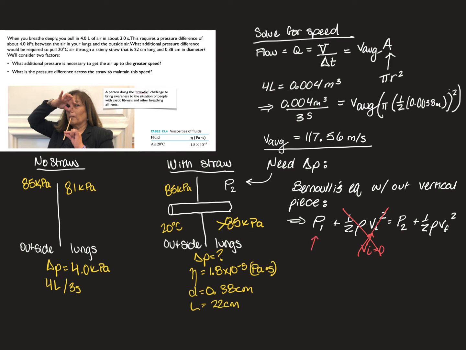P1 is the pressure outside, which is 85 kilopascals, but we have to convert that to pascals. P2 is going to be the pressure in the lungs.